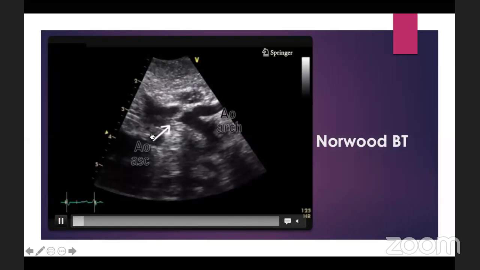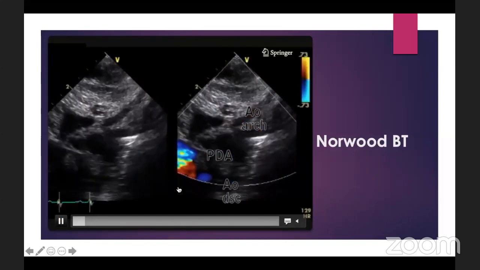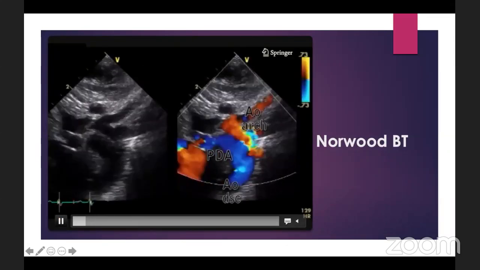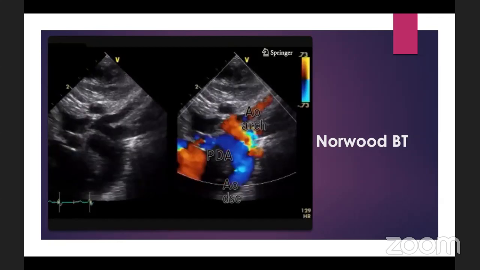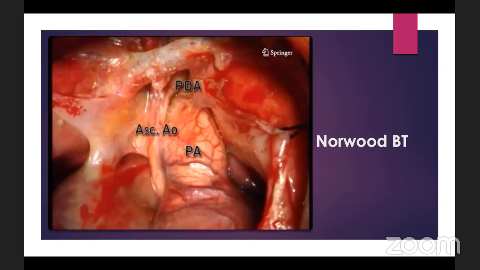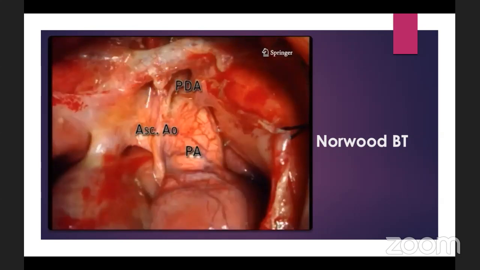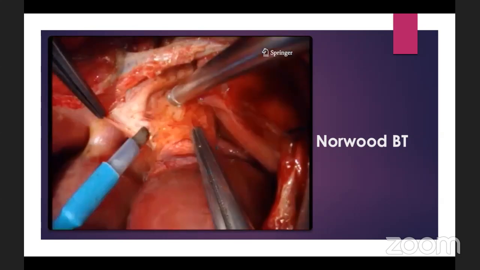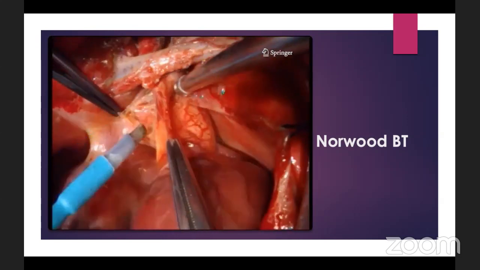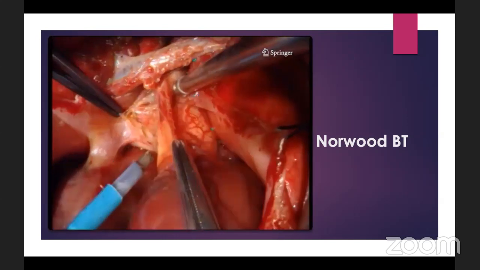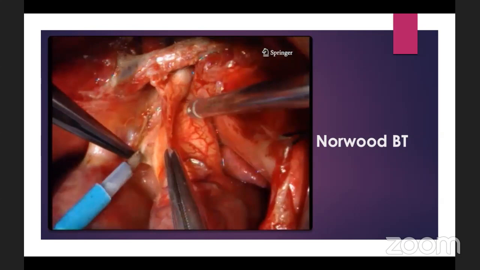It's very tiny in these cases. In the hypoplastic variants, the ascending aorta tends to be bigger. You could probably miss it as a fibrous band if you're not familiar with the anatomy in these cases. It's a very tiny ascending aorta.